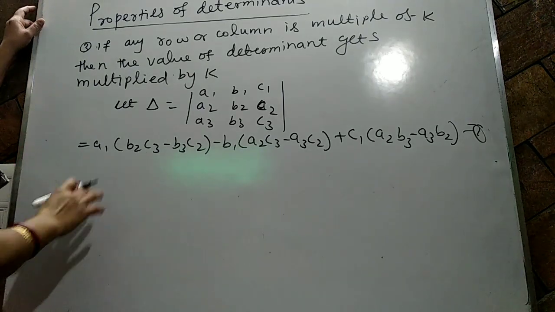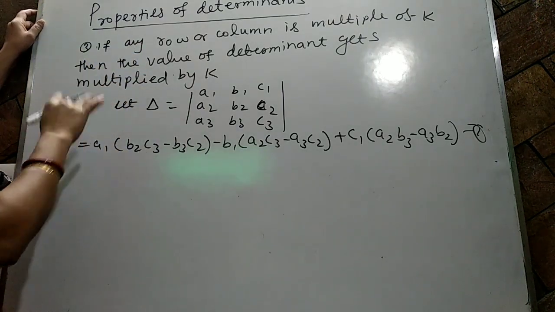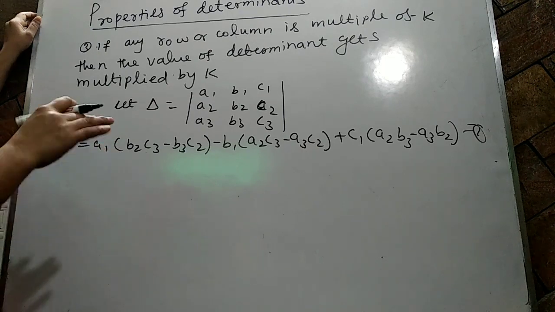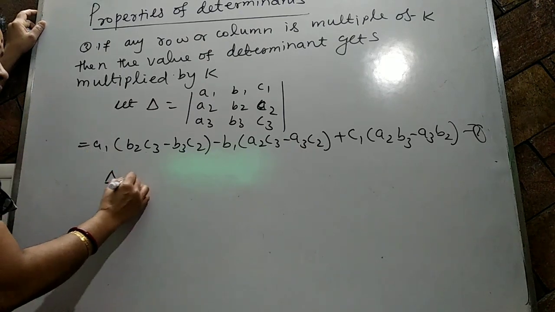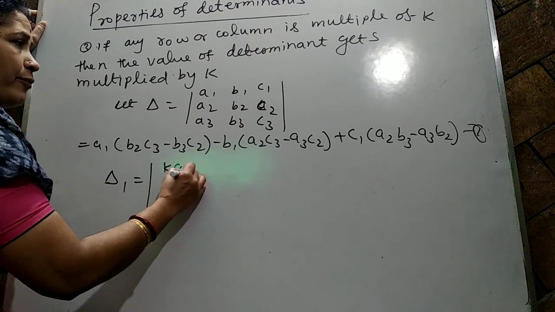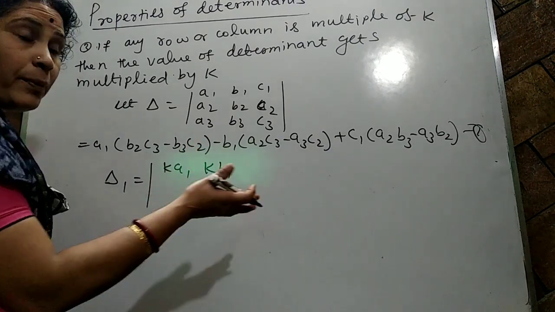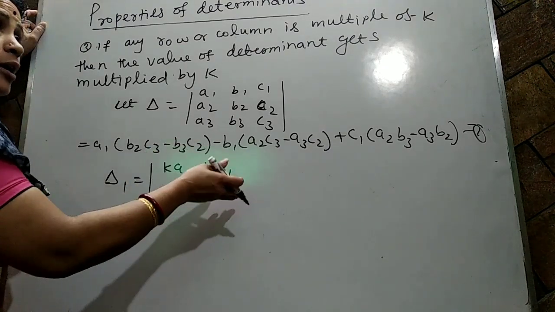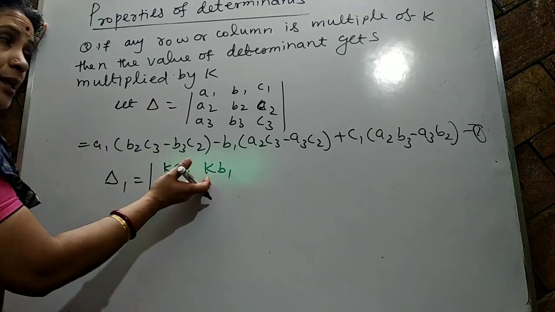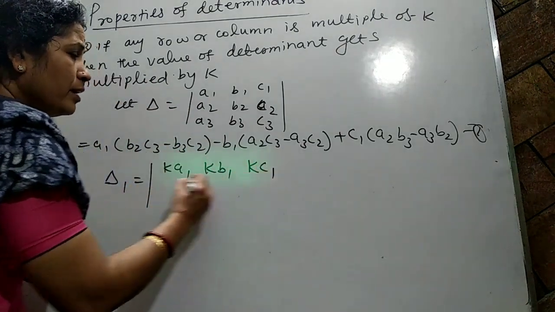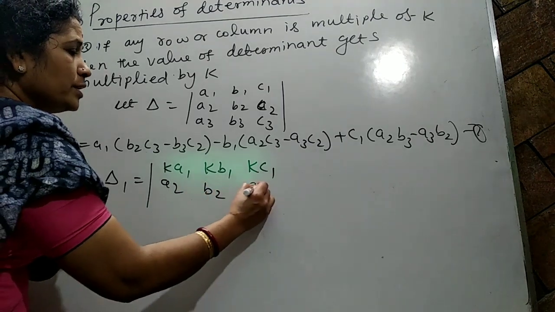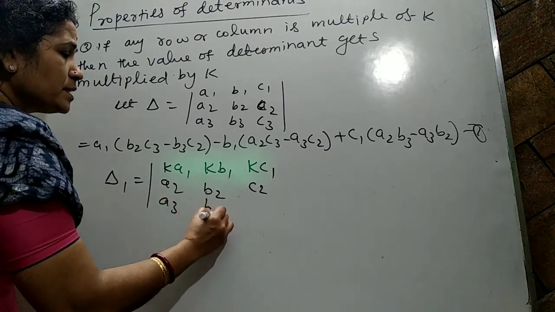Now what they are saying is, if any row or any column is a multiple of k, then the value of the determinant gets multiplied by k. Suppose delta 1 equal to the determinant with first row kA1, kB1, kC1, then A2, B2, C2 and A3, B3, C3.